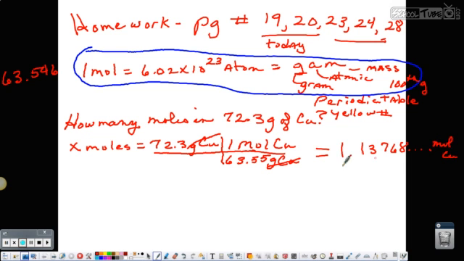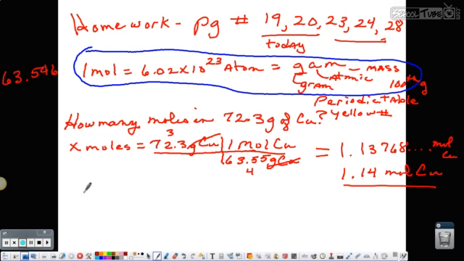How many significant figures do I need? I have 3 here, and I have 4 here, and we don't count ones. That's 1 mole to exactly 4 significant figures. So my answer should have 3 significant figures, 1.14 moles of Cu. That's my complete answer, and I expect to see a complete answer.